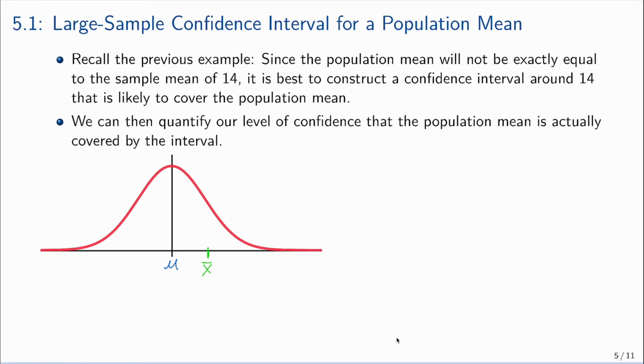And the confidence interval that we want to select is an interval which is actually covering the population mean. We want the population mean to be inside the interval.